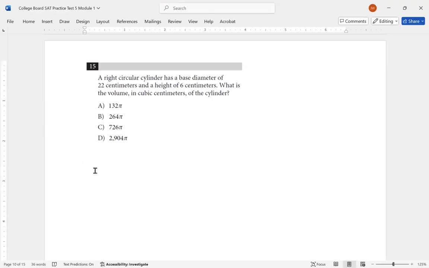Now, this is a classic scenario in which we are looking for a geometry formula that gives us volume. And it turns out for a right circular cylinder, that formula is in the formula section of the test. Let's look at that.